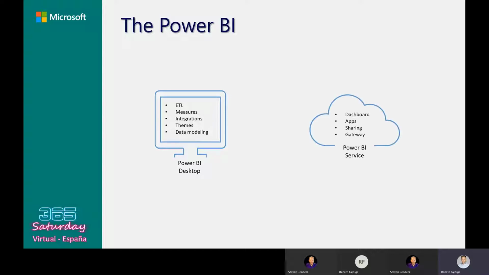When my data and reports are ready, the next logical step is to share my reports with colleagues inside my organization or any other person. I can do that by publishing my Power BI reports to the Power BI service. In the Power BI service, I can create various dashboards, which can be created from multiple reports, which can be connected to multiple data sources.